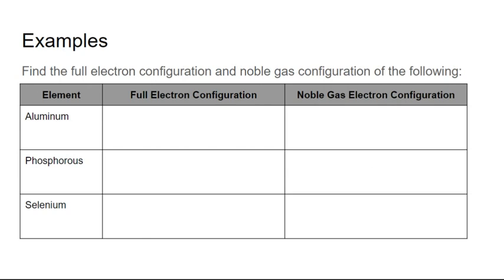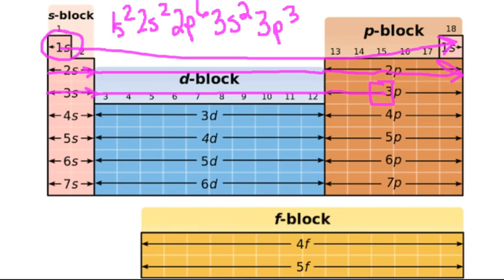Okay, so if I wanted to write the noble gas configuration for phosphorus, I would start by putting the element neon in brackets. So that's assuming then that I'm starting right after this box here.